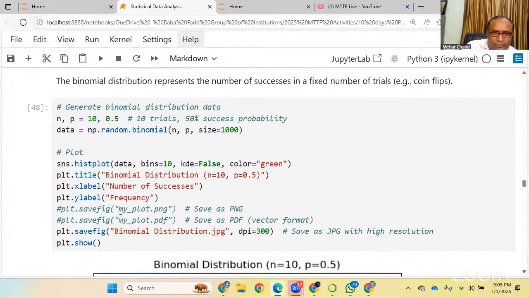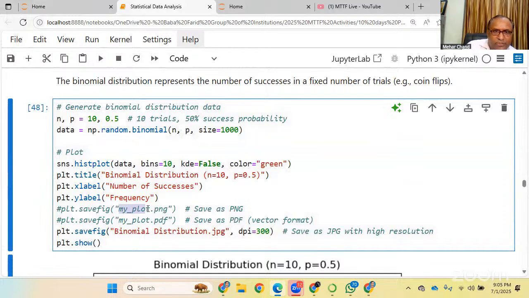You just need to replace the name. This is used for PNG. If you need PDF, then you use the extension PDF with the name. The function to save the file is plt.savefig. Inside, you put the name and then use the extension. DPI is used only for JPG, not for PNG or PDF. So this is the way to export your image. Okay, got it? Yes, sir.